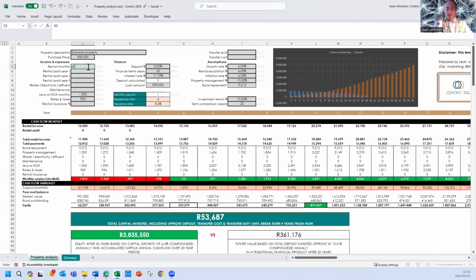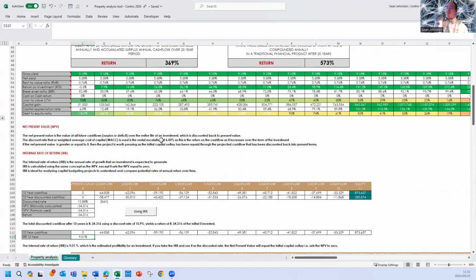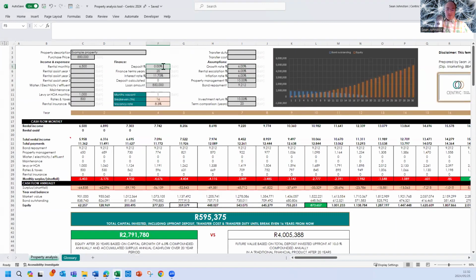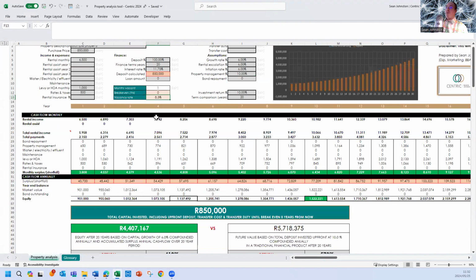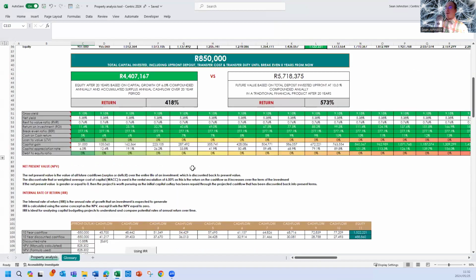Let's say we're getting 6,500 rental over here, maybe it's 1,500, and over here, 10.5. Okay.